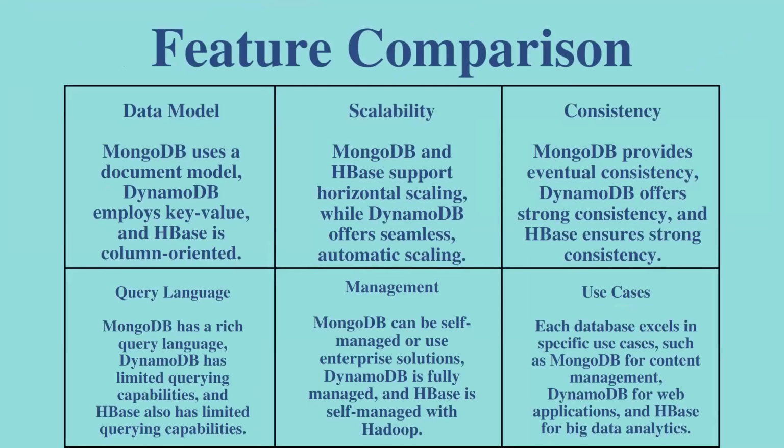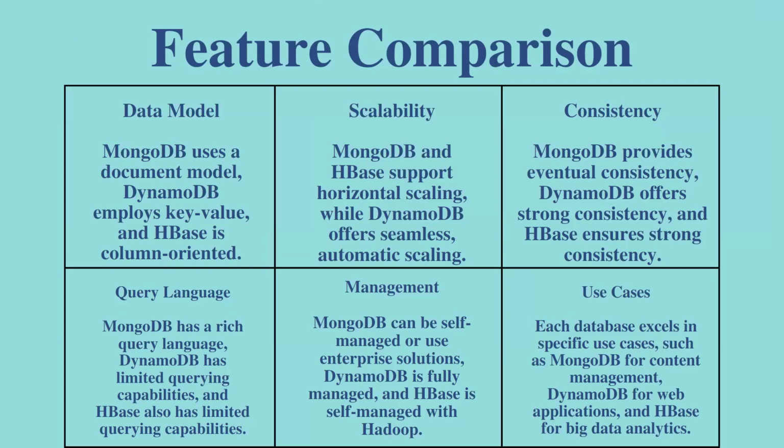Now there is a feature comparison. If we talk about data model, MongoDB uses the document model, DynamoDB uses key-value, while HBase is column-oriented. And if we talk about scalability, MongoDB and HBase both support horizontal scaling, while DynamoDB offers seamless scalability.